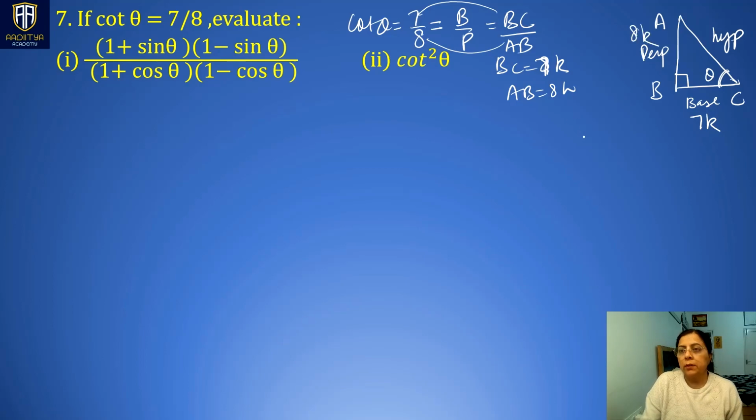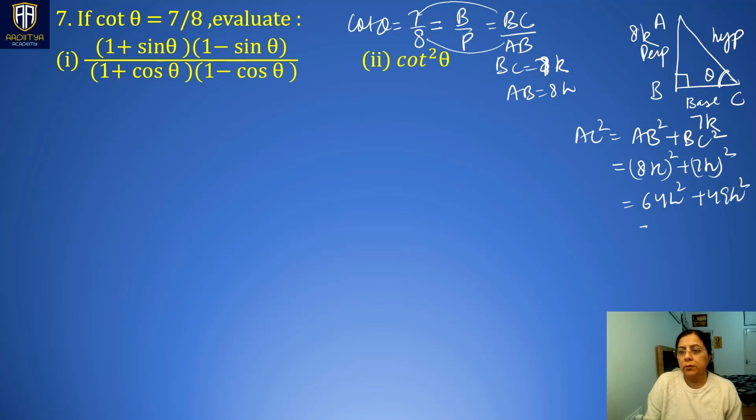So in triangle ABC, AC square is equal to AB square plus BC square. AC square we have to find. This is 8K square plus 7K square, which is 64K square plus 49K square, which is 113K square. So AC becomes square root of 113 K.